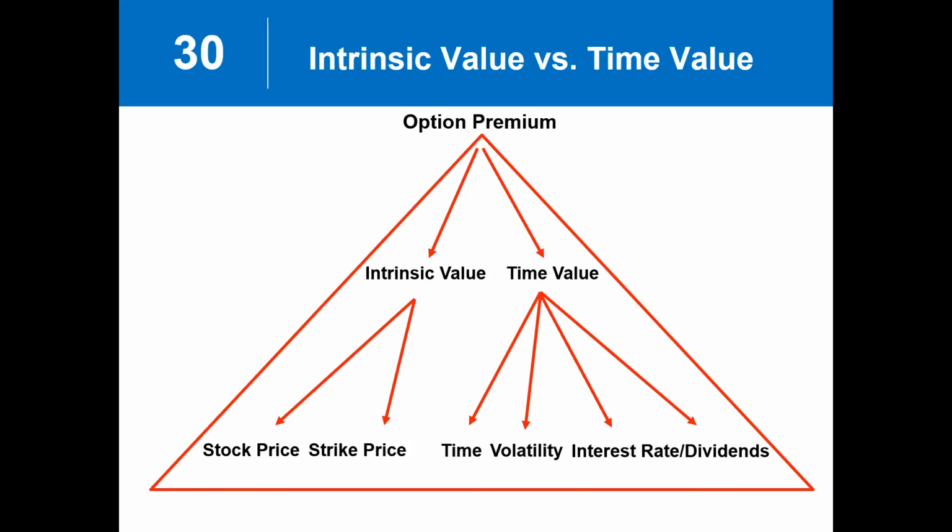But that's the combination. You may have intrinsic value, and then you will have time value. And oftentimes, depending on how volatile a stock is, that time value may be inexpensive or more valuable and more expensive because the stock moves around a lot. That's one of the key factors.